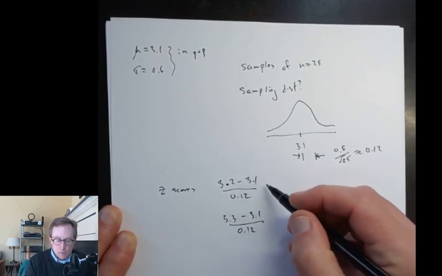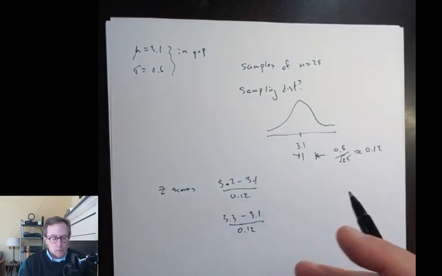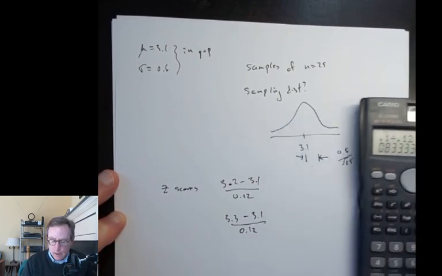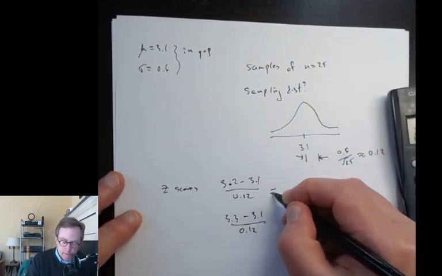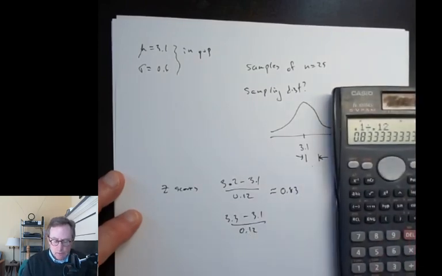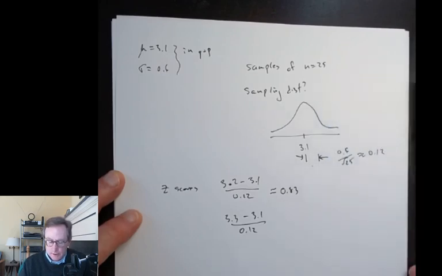So this of course is 0.1 over 0.12. 0.1 divided by 0.12, and I get 0.83. And then this is 0.2 over 0.12, and I get 1.67.